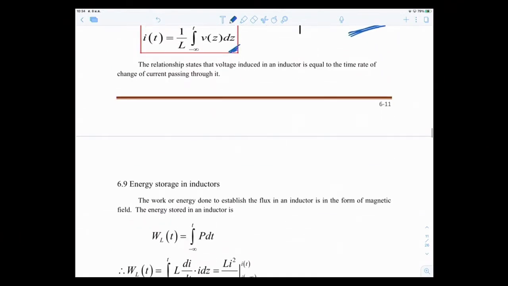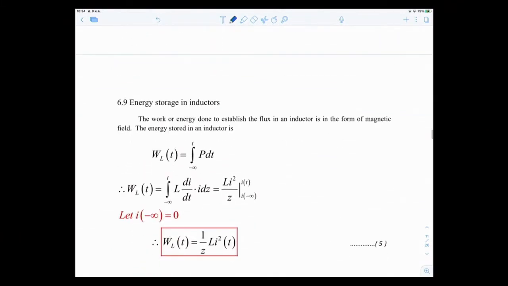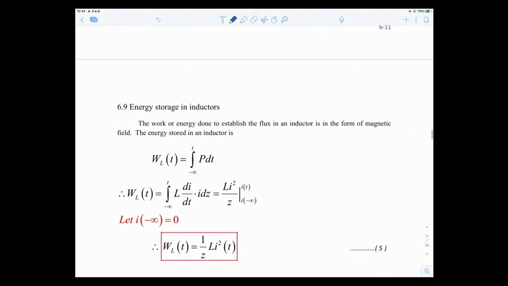Now energy storage, same thing as we did with the capacitor. Energy is the integration of the power dt, where p = v times i. Since v = L di/dt, put it in here and you get one half L i squared, with the integration variable going from negative infinity to t.